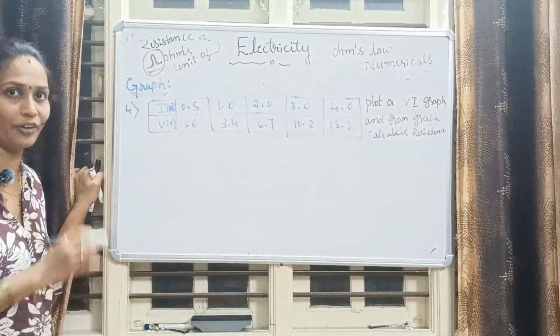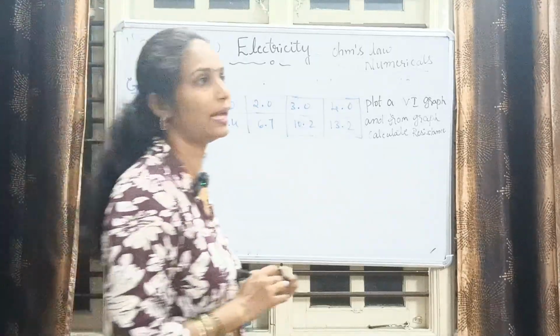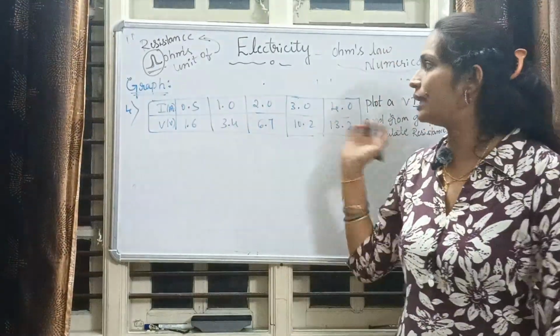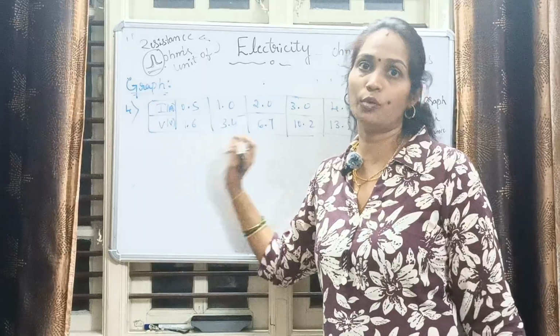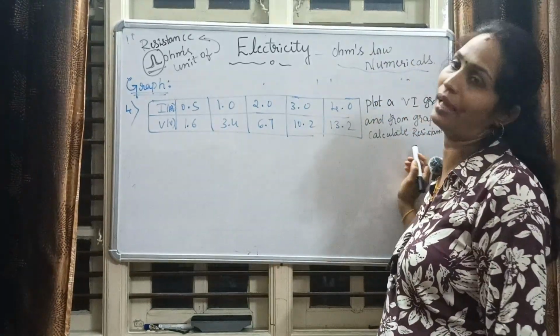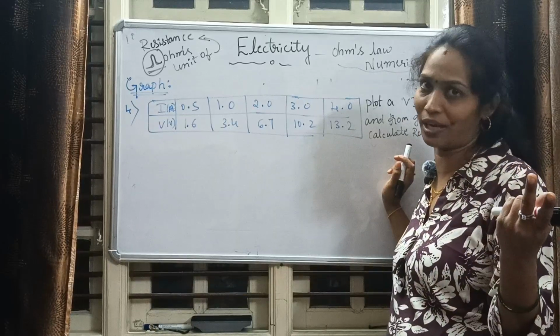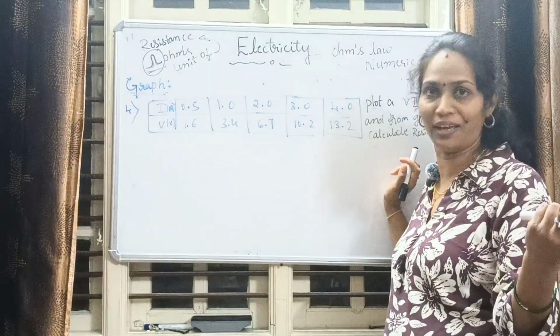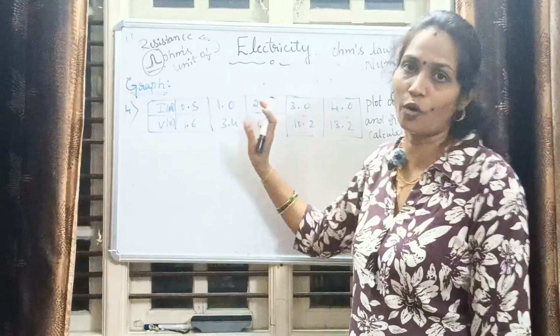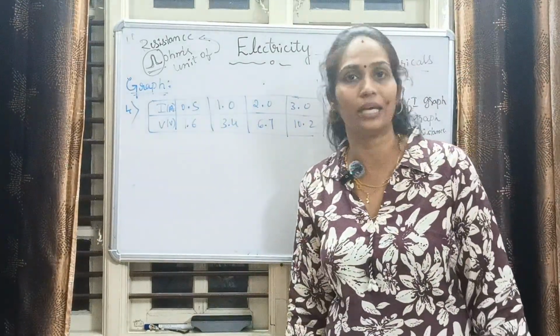This is also very important, guys. This is a problem regarding a graph. What they had given is readings of I and V. You need to plot a graph by using this information, and you have to calculate the resistance. I have already told you how to calculate the resistance: R is equal to V by I. First, before calculating the resistance, you need to plot a graph.